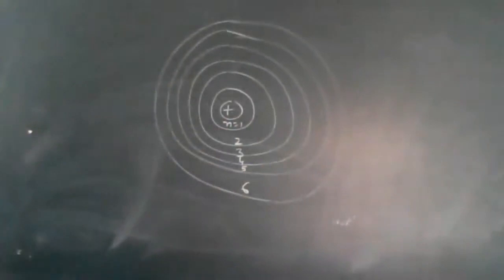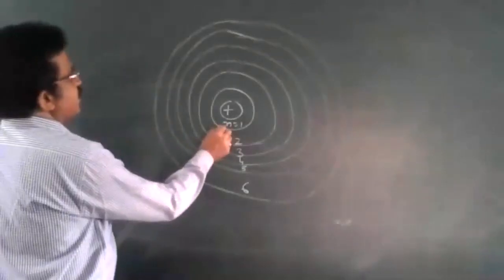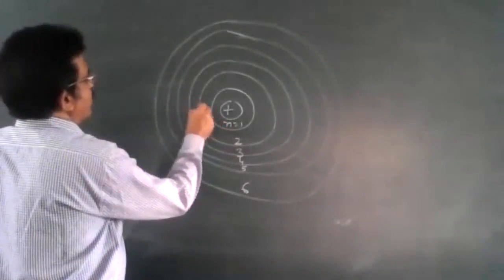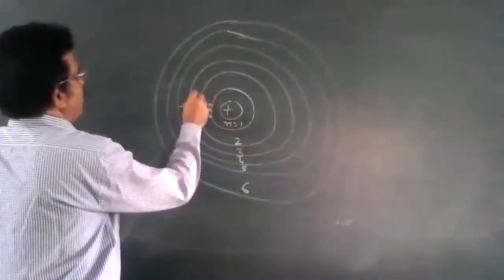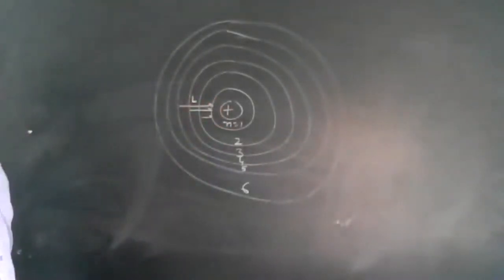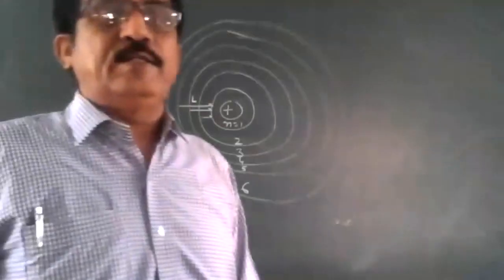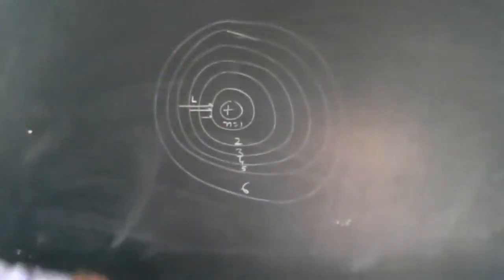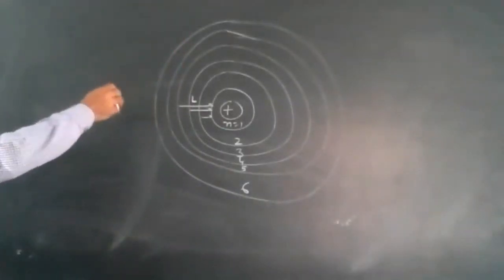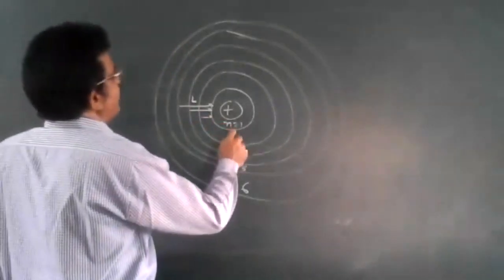Then the electron jumps. That is the first series that we have seen, the Lyman series, in which the electron jumps to the first orbit from the second orbit, from the third orbit, from the fifth orbit. This is the Lyman series, L. Then in the second orbit, this is the first and this is the second orbit.